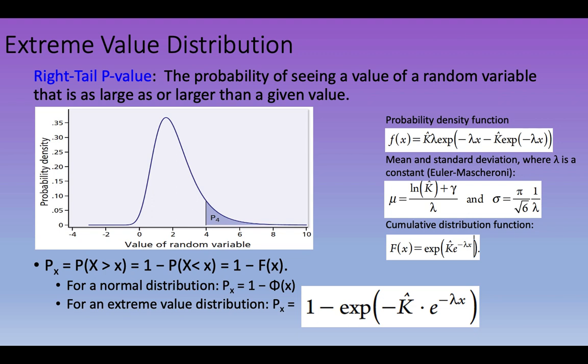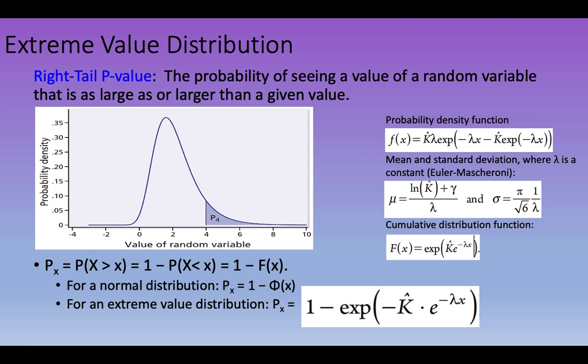So what's the big deal with this distribution? Well, just to get back to how we might think about things, I think it's informative to think about this issue in relation to the idea of a right tail p-value.